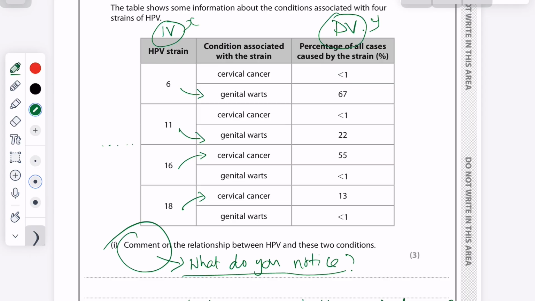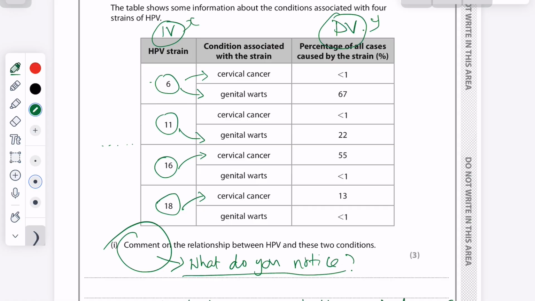In this case, we've got different strains of HPV, and the table is showing whether each strain has a different tendency, because the human papillomavirus is able to cause cervical cancer and genital warts, or at least there's an association between the virus and these conditions.